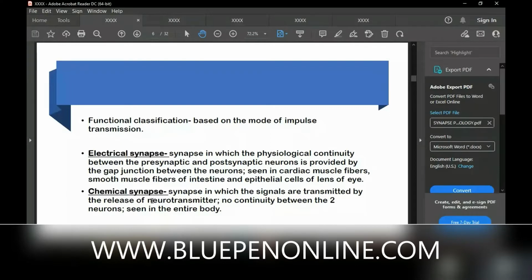I hope you know the structure of muscles, right? Skeletal, smooth, and cardiac muscles. Skeletal muscles are not branched. They are all unbranched muscle fibers.